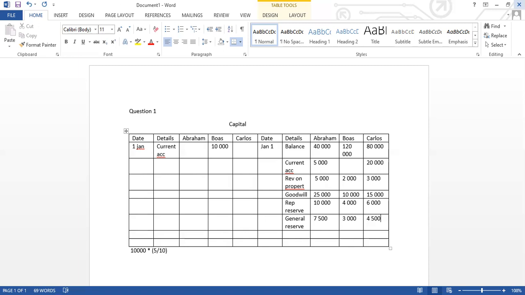But because that 10,000 is to appear in the books of the new partnership, first you share so that the retiring partner gets his profit, and then the new partners will have to pay back that 10,000 according to their profit sharing ratio, so that the 10,000 comes back again in the business. Do you understand? Yes. That's why it goes on the debit side.